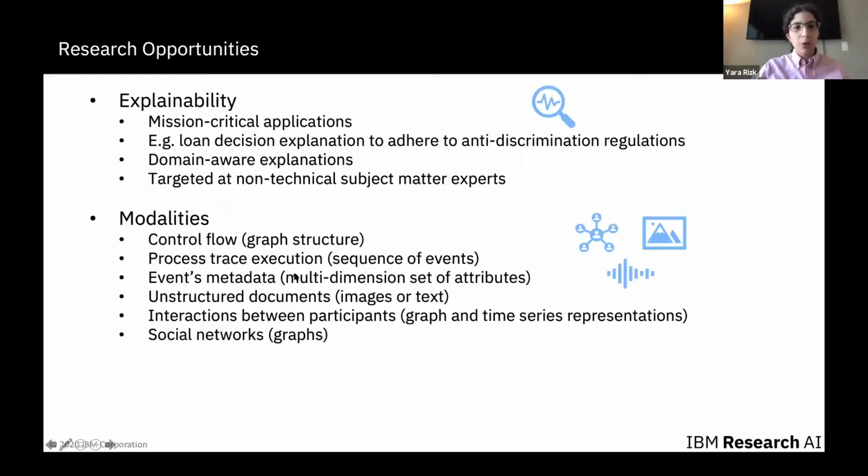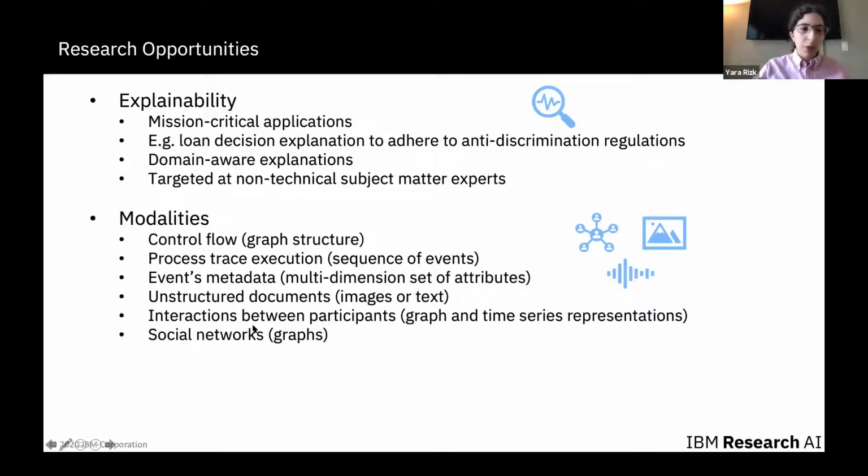We need to make sure we're providing explainable solutions to, again, address the idea of trust, and making sure that machine learning-based solutions do not discriminate, and are not failing when we're in mission critical applications and things like that.